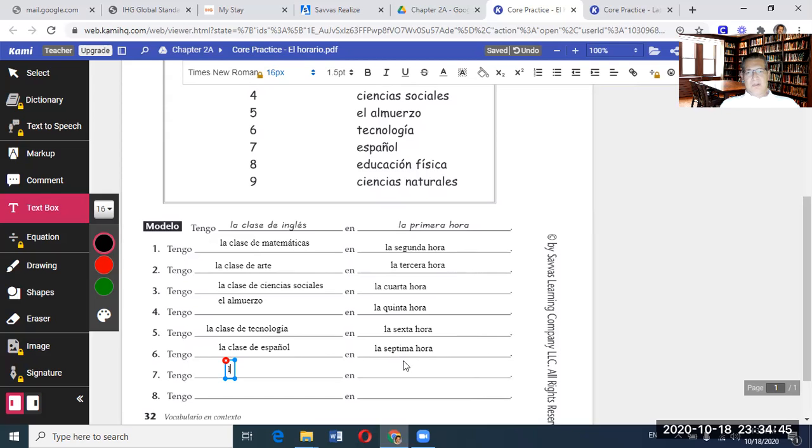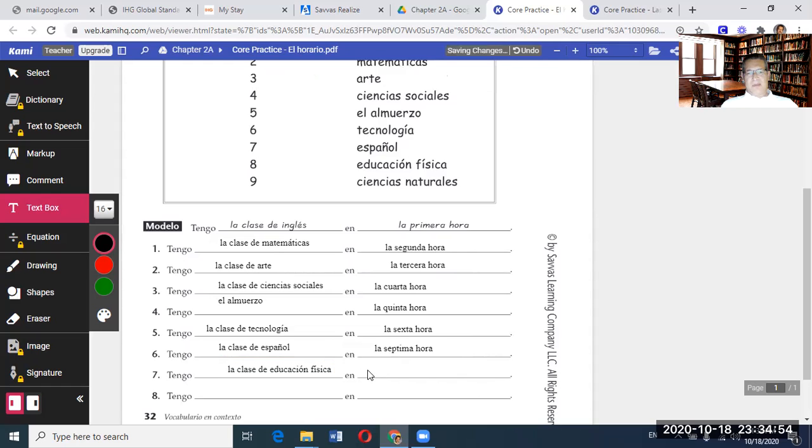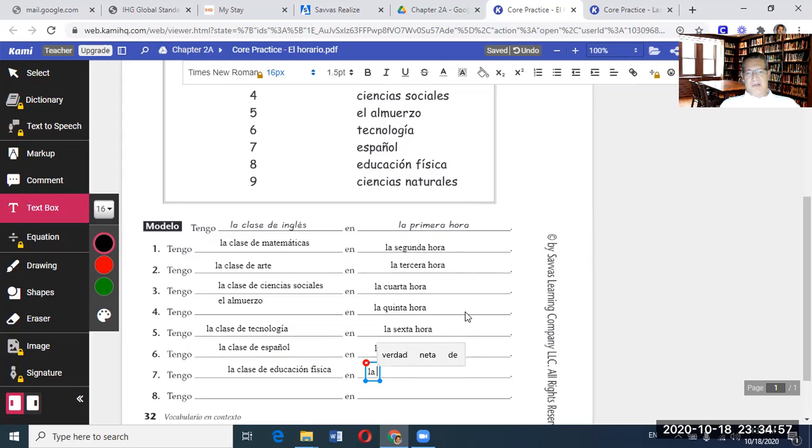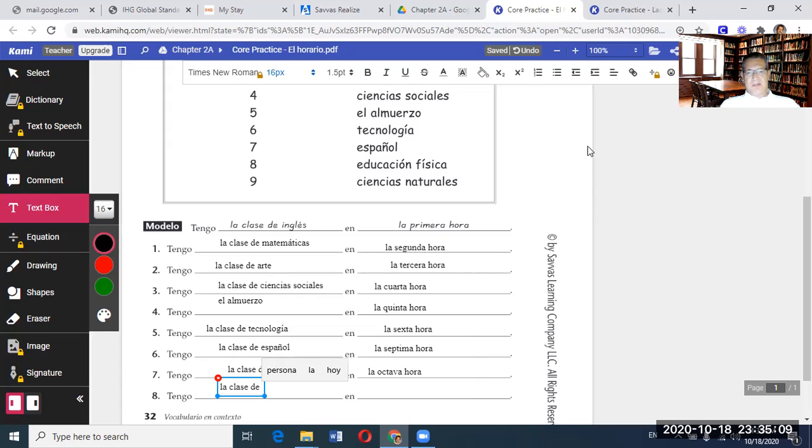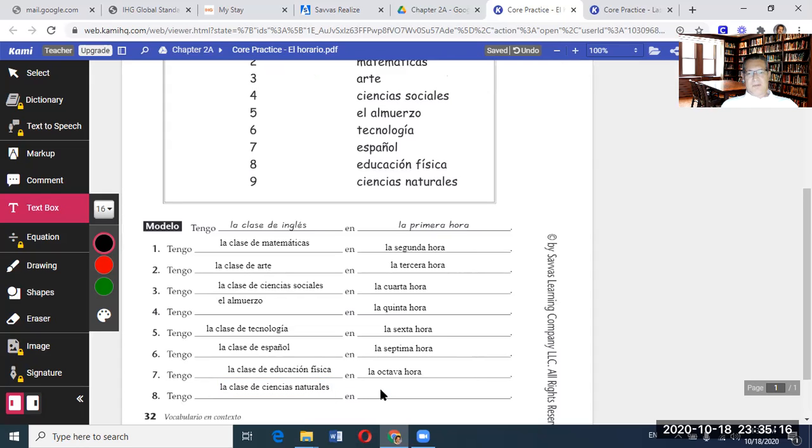Tengo la clase de educación física en la octava hora. Eighth period. Tengo la clase de ciencias naturales en la novena hora.